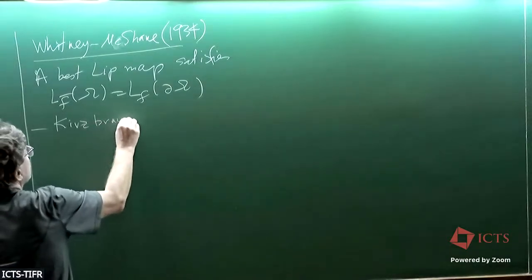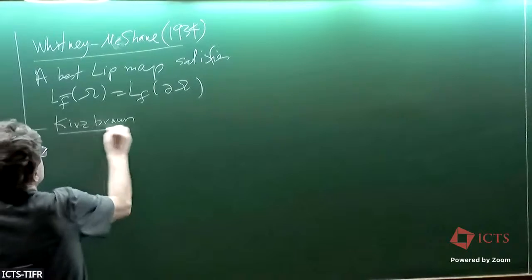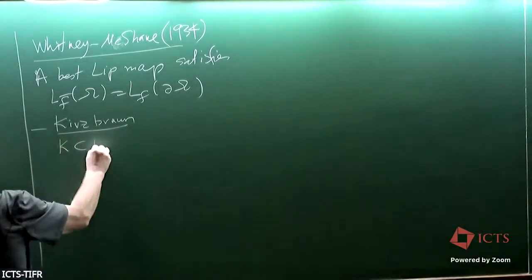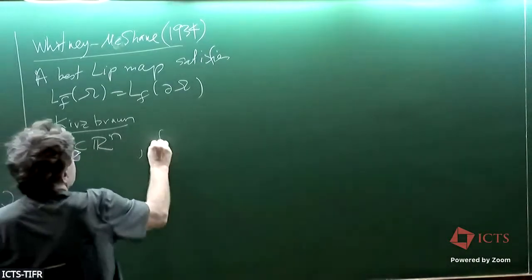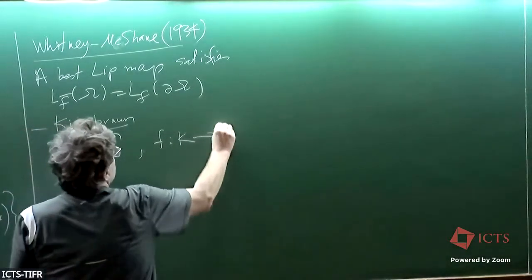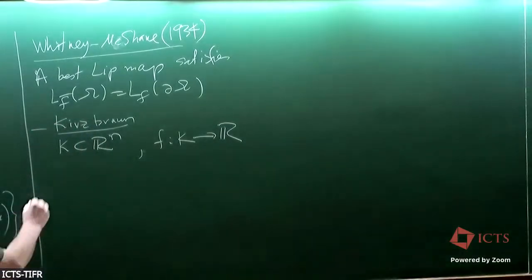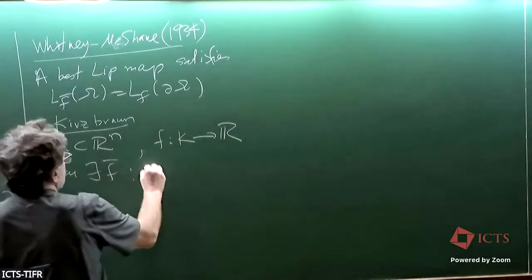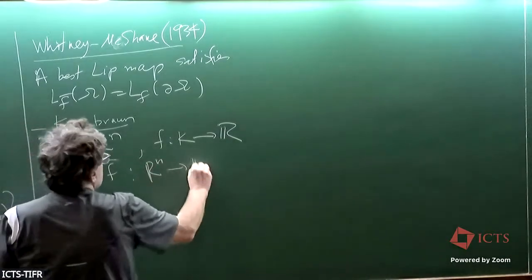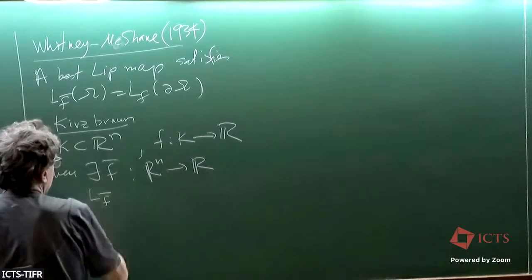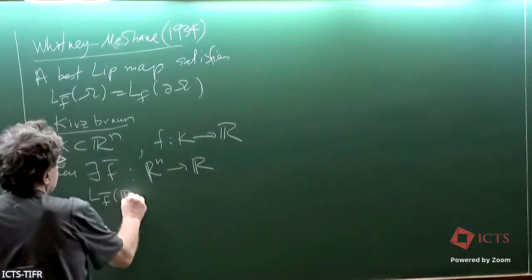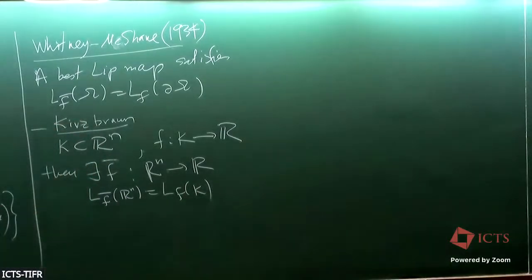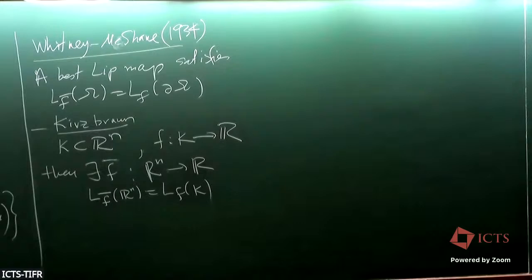I think I misspelled his name, but anyway, that says if you have a set K in R^n and f from K to R, then there exists f bar from R^n to R with the Lipschitz constant of f bar on R^n the same as that of f on K. So in other words, you can always do this Lipschitz extension without increasing the Lipschitz constant.